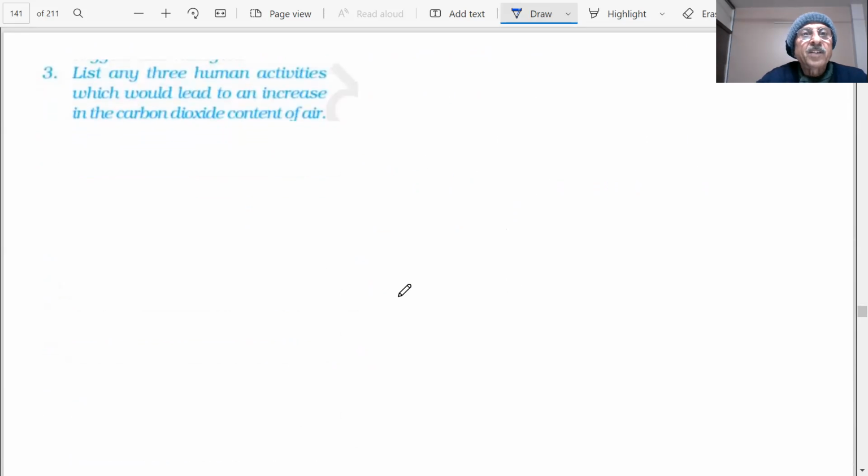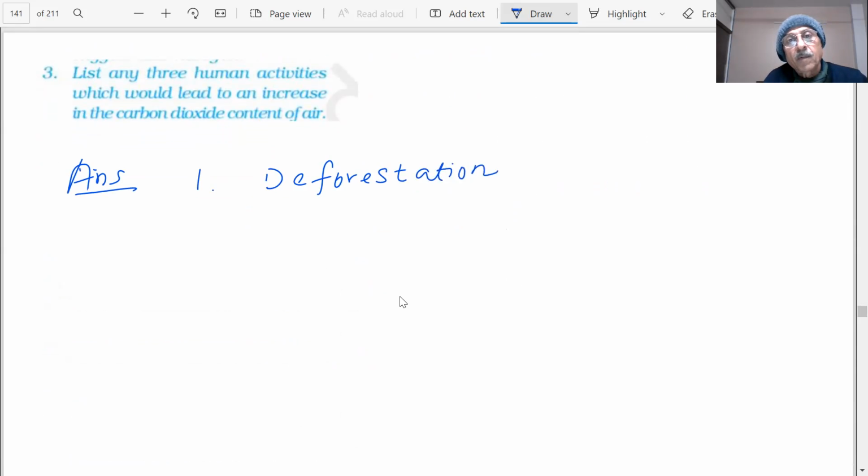List any 3 human activities which would lead to an increase in carbon dioxide content in the air, students. What human activities are responsible for emission of carbon dioxide? Sir, deforestation. Deforestation. Very good. The cutting of trees, plants, students.